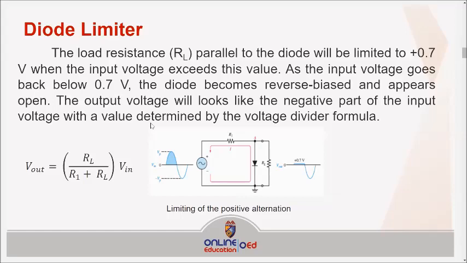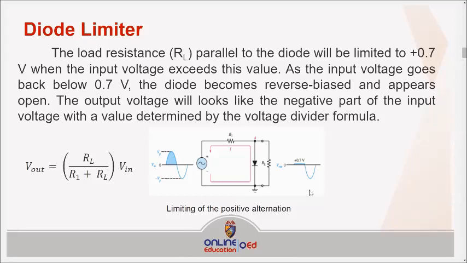Bago kasi natin makita yung output na negative lang yung lalabas, para maklip yung positive voltage, yung connection nun is yung RL natin ay parallel siya sa diode dapat. Then, para malimit yung 0.7 voltage, pag lumampas na ang input voltage sa value na ito, lilimit lang siya. Pag bumalik naman siya sa 0.7, hindi pa siya malilimit. Kumbaga, makakat lang is yung saktong nasa positive 0.7 voltage.